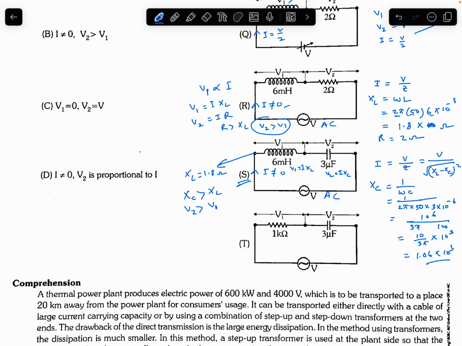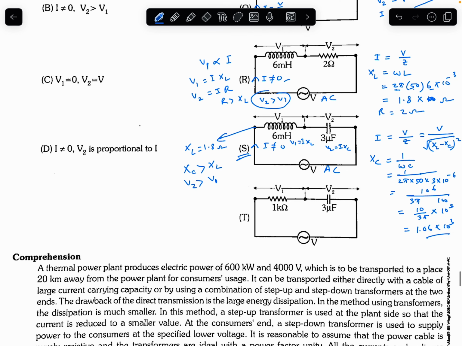Now last diagram. For the last diagram, they have given a capacitor and resistance, RC circuit, AC source. So you know the value of XC is 1.6 into 10 to the power 3, and value of R is 1 into 10 to the power 3. So here XC is greater than R. If XC is greater than R, I can say that VC will be greater than VR.